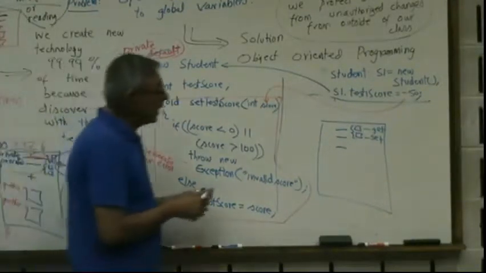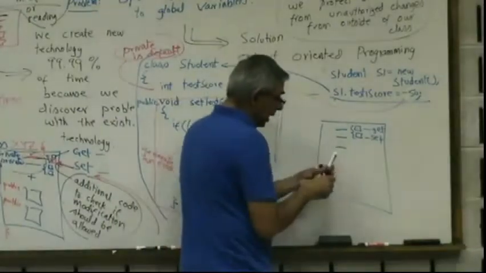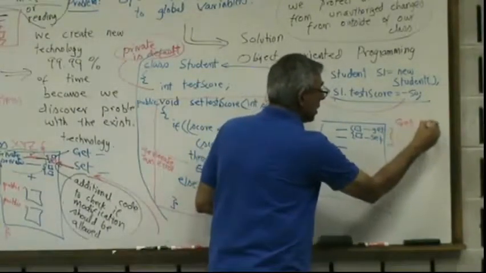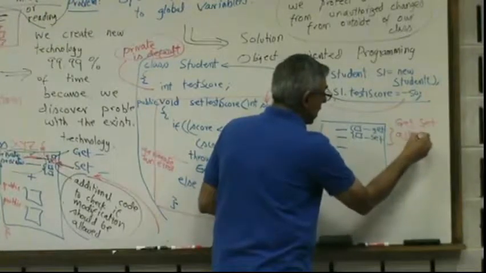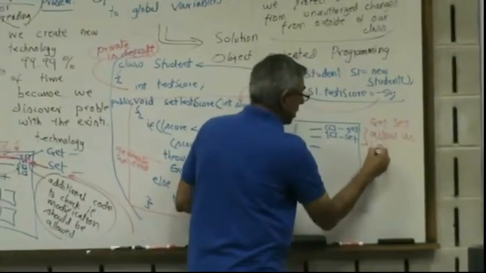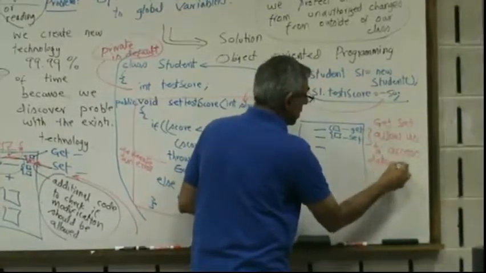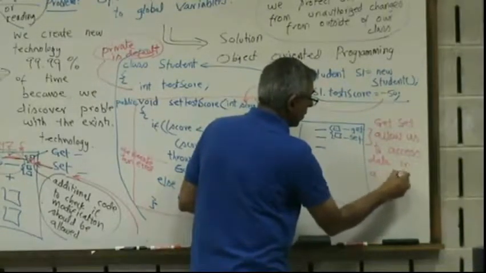So these get and set functions basically allow us to access data in a controlled manner.